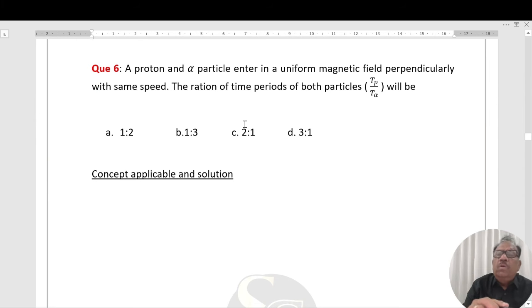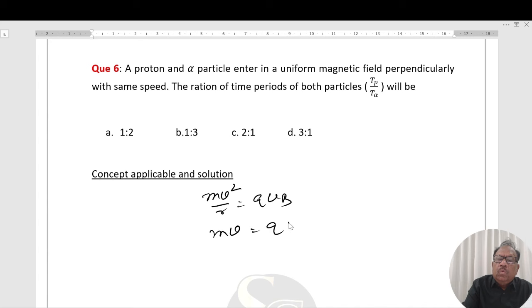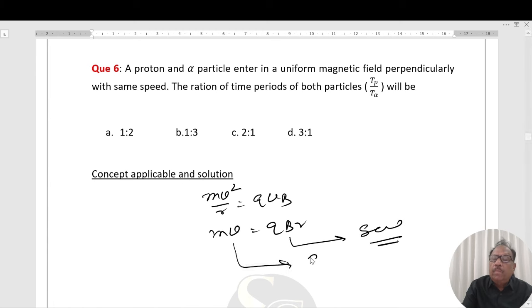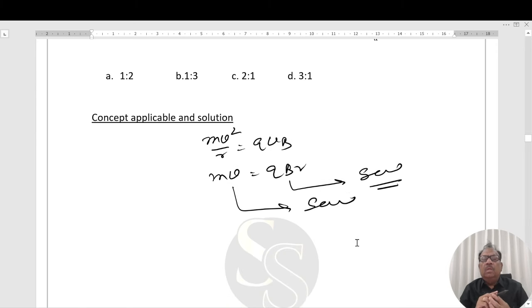A proton and an alpha particle enter a uniform magnetic field perpendicular to it with the same speed. As discussed above, mv squared by r equals qvb, so mv equals qbr, right? In this case the particles are changed. The charged particles are different. Using this, the speed is the same.